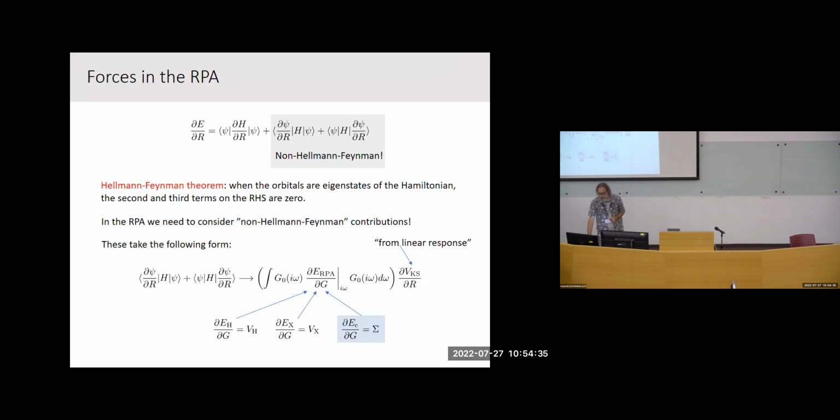It's expensive, so be warned, it's really expensive. But because we have this whole range of properties from the RPA, there are nice things one can do in terms of machine learning. And that is actually the topic of the next presentation. So let's move to that.